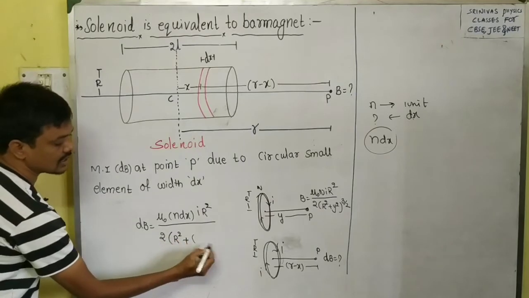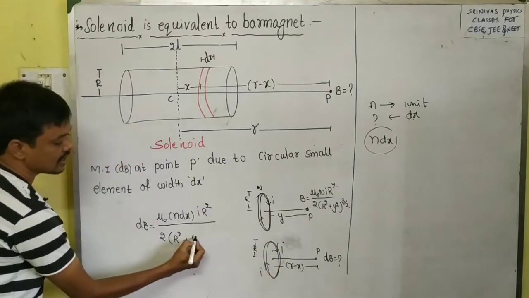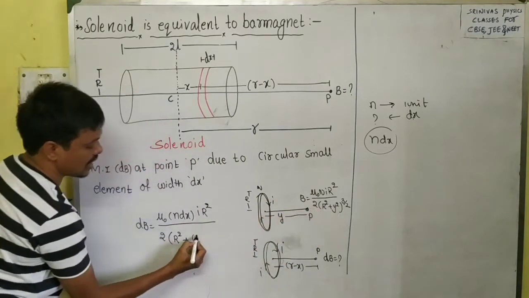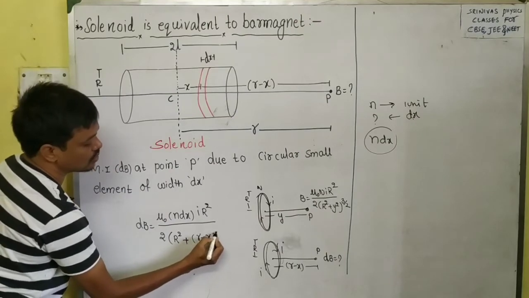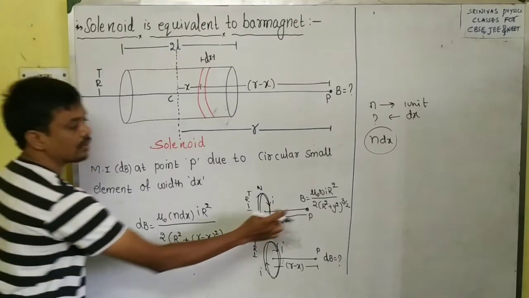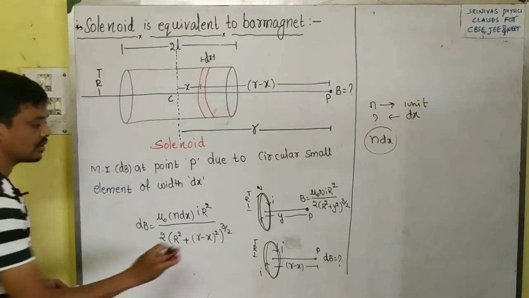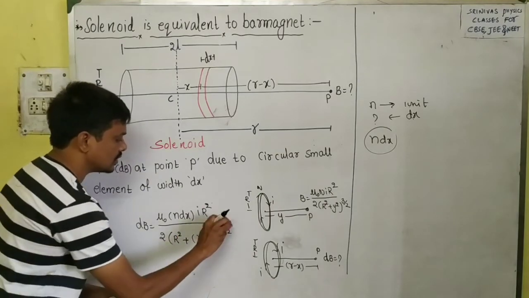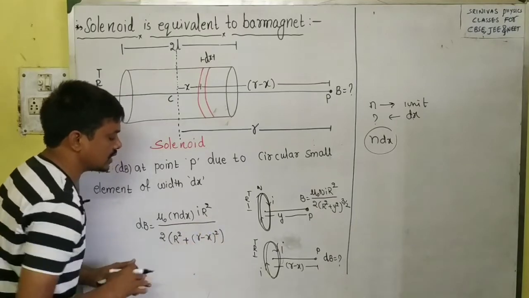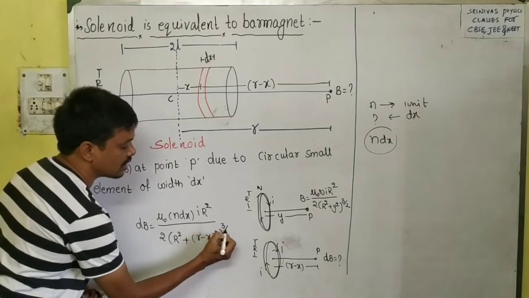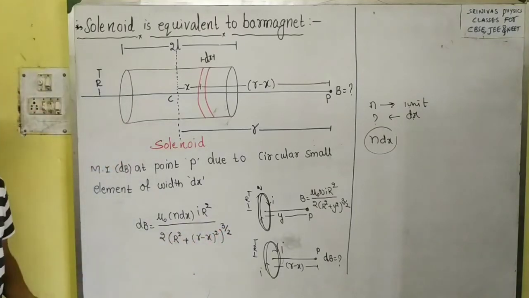So instead of y we write r minus x, y square means r minus x whole square, whole power 3 by 2. This is simple. If you write this equation, most of the derivation part will be complete. Based on this step we can continue everything.